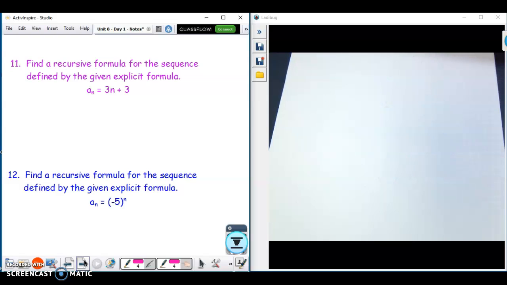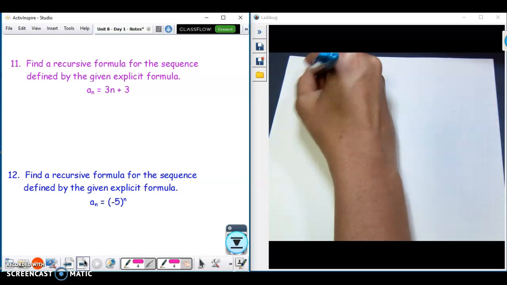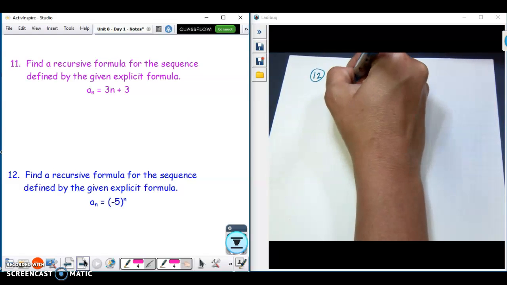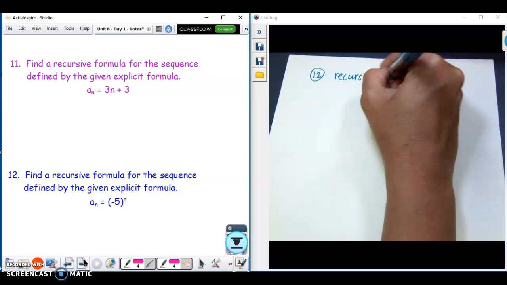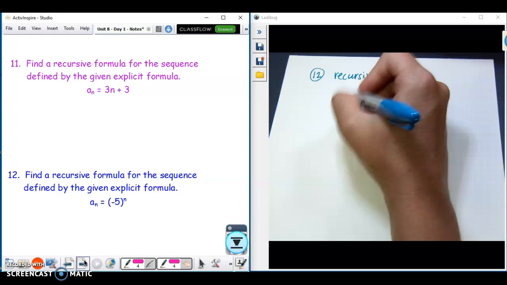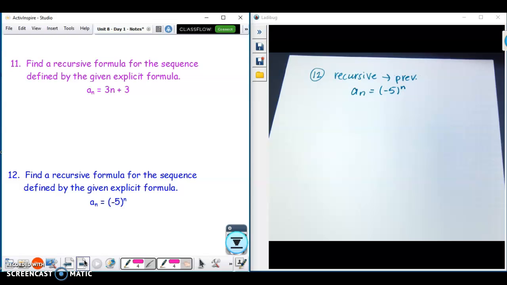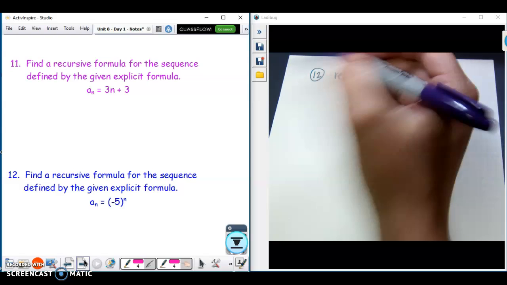Alright, and then our last problem, we want to write another recursive formula. So it has to depend on the previous term. And they give us the explicit formula of (-5) to the nth. So once again, I like to write out a couple terms. You can write out just 3 if that's fine with you.